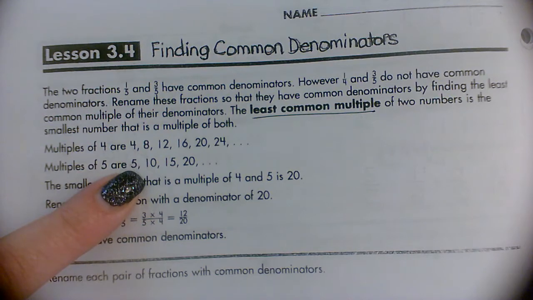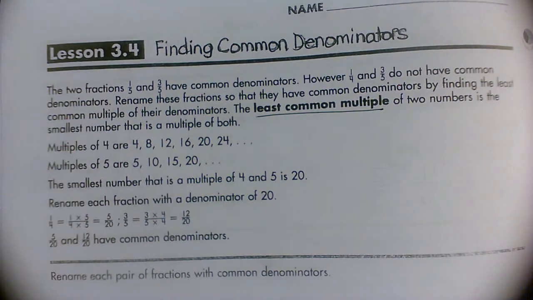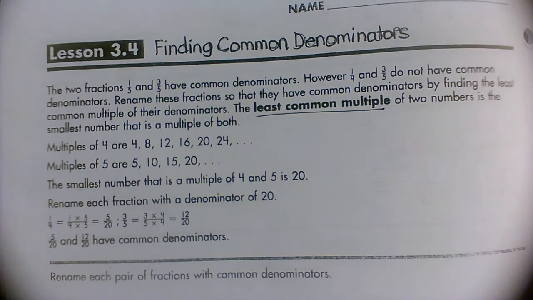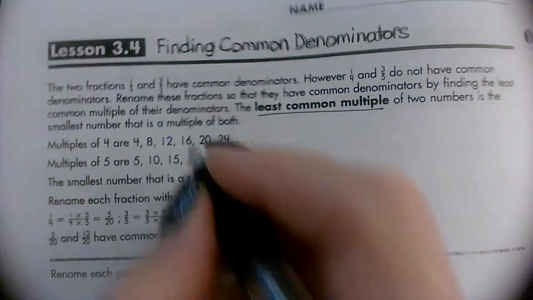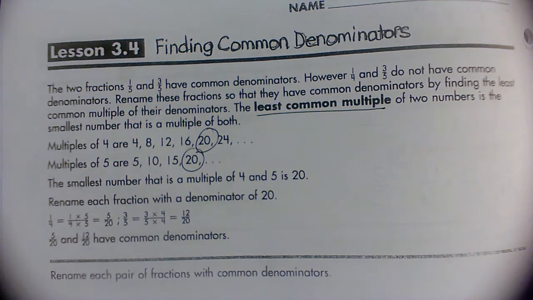Those are really just your multiplication table. You can look at your multiplication table for 4 and 5, and it asks you, where does the same number appear the first time? When does a matching number appear? If I wrote them out, I will notice that the first time in my multiples where 4 and 5 match up is 20.